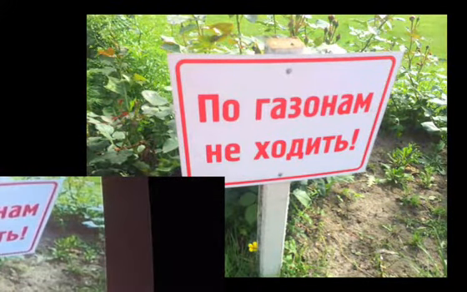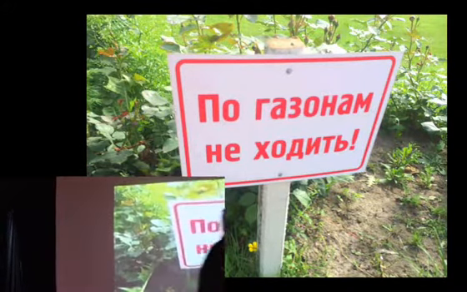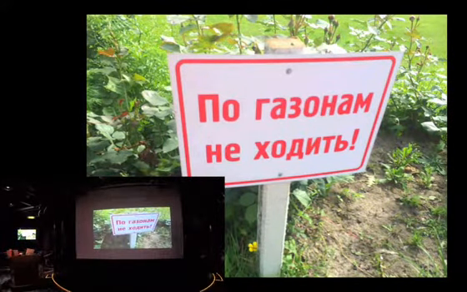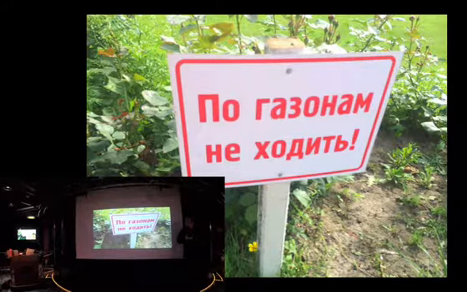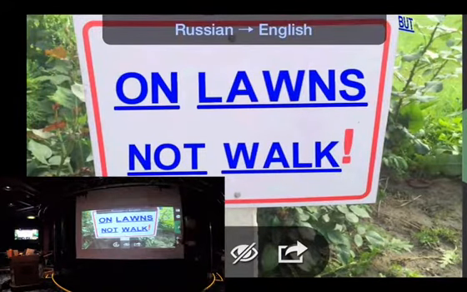If you've ever been to Russia, if you go out and you can't find a palace for 500 feet, you're not in Russia. So you go out in St. Petersburg, you go look for a palace, and you find that which says, no raccoons on the xylophone. No, it says, on lawns, not walk.